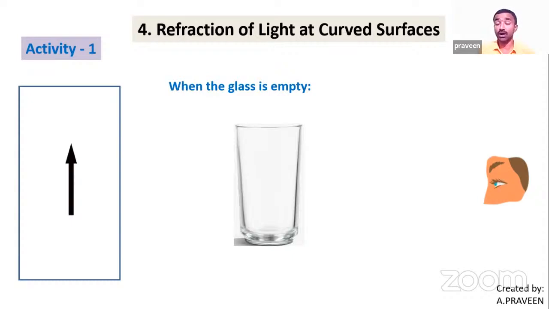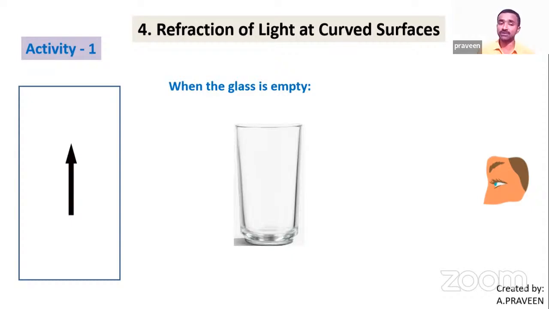Then you are going to observe that empty glass and paper. So just try to see the arrow, then realize what you are observing. So when do you see actually? When you are able to receive the light from the arrow on the paper. So you are receiving that light from the arrow through the empty glass.